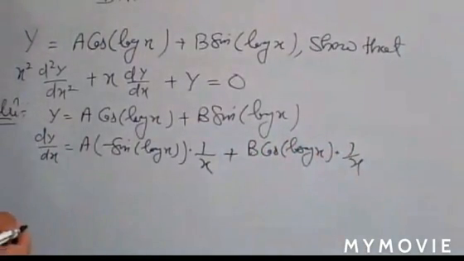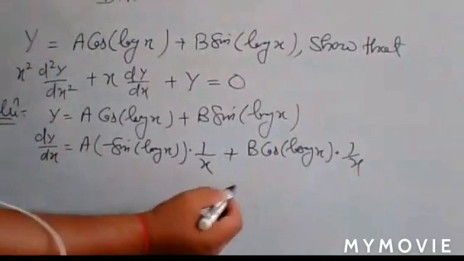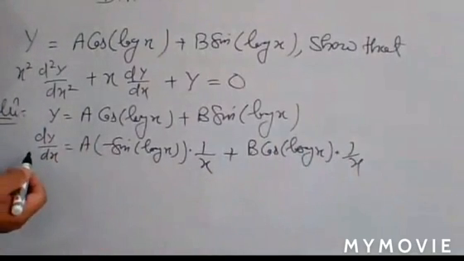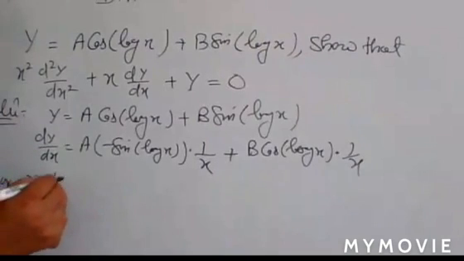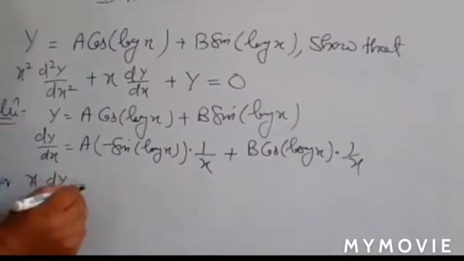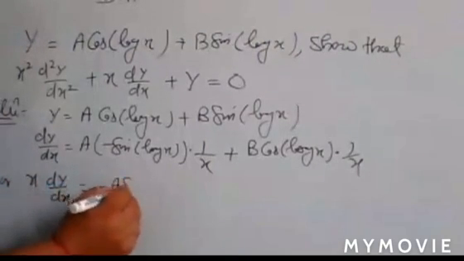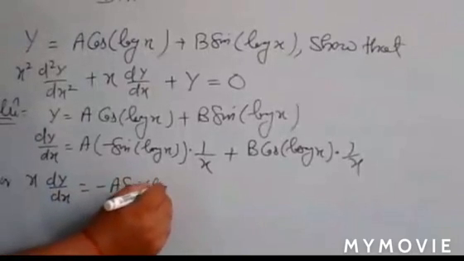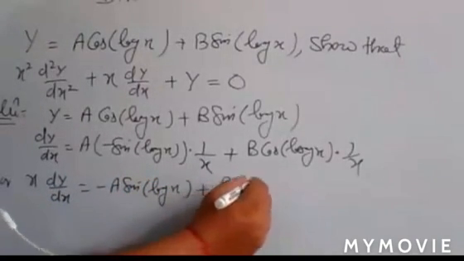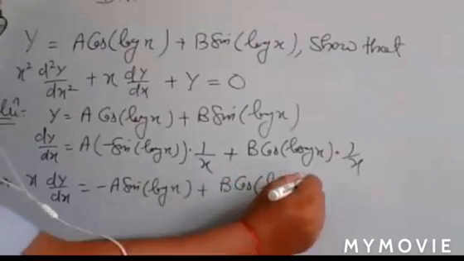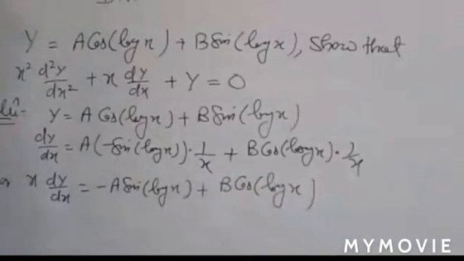Now transfer this x to the left side. So x into dy by dx is equal to minus a sin log x plus b cos log x. You have the term like that. Understand? Now again differentiating with respect to x.